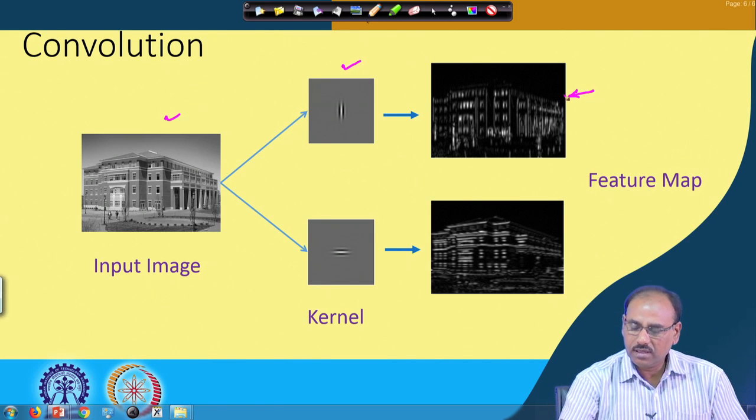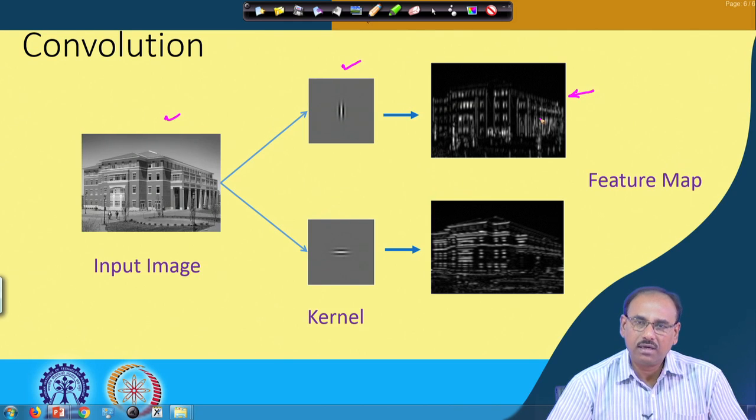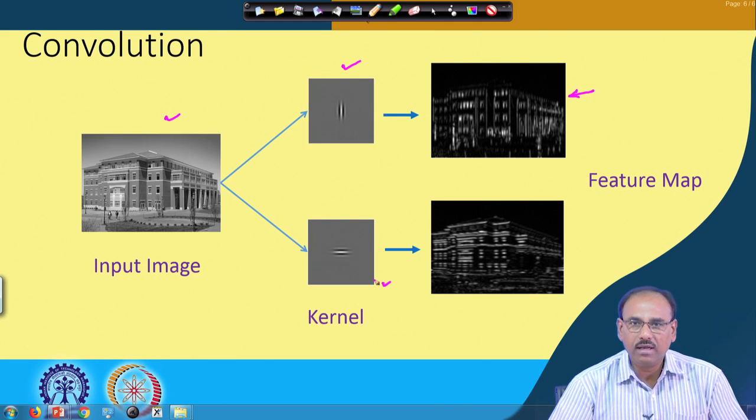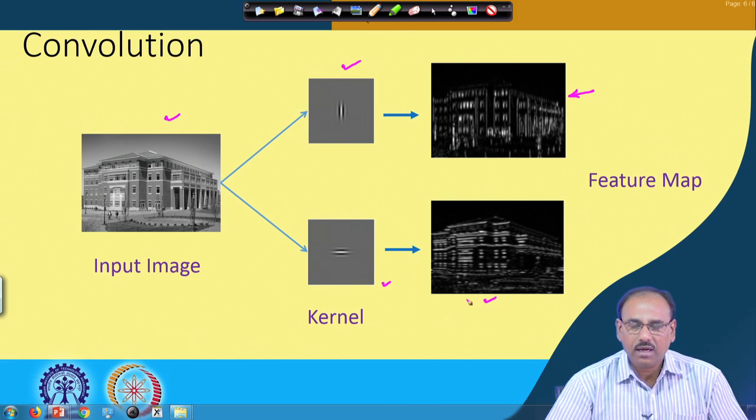Here again the features you have are a sort of vertical edges present in the image. On the other hand, if I convolve the same image with this kernel, the convolved image shown over here again gives you information about the horizontal edges which are present in the image.